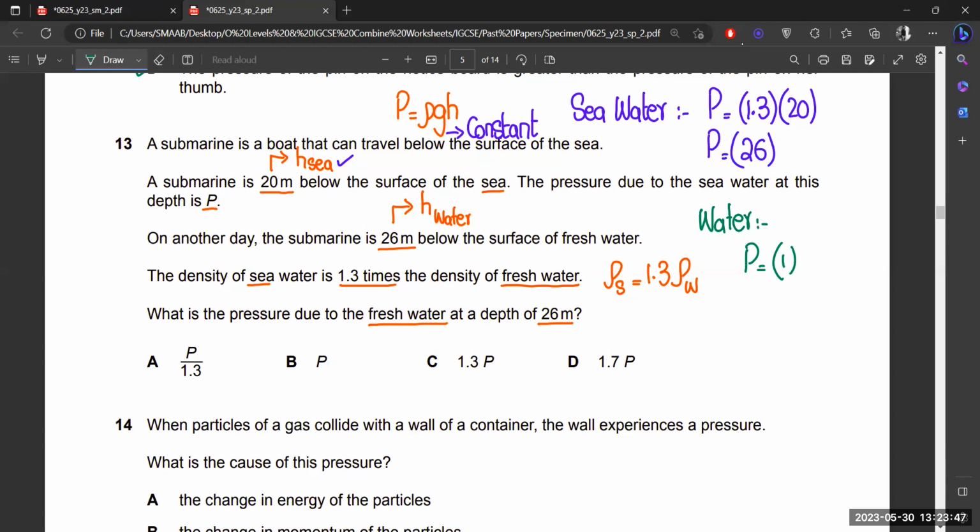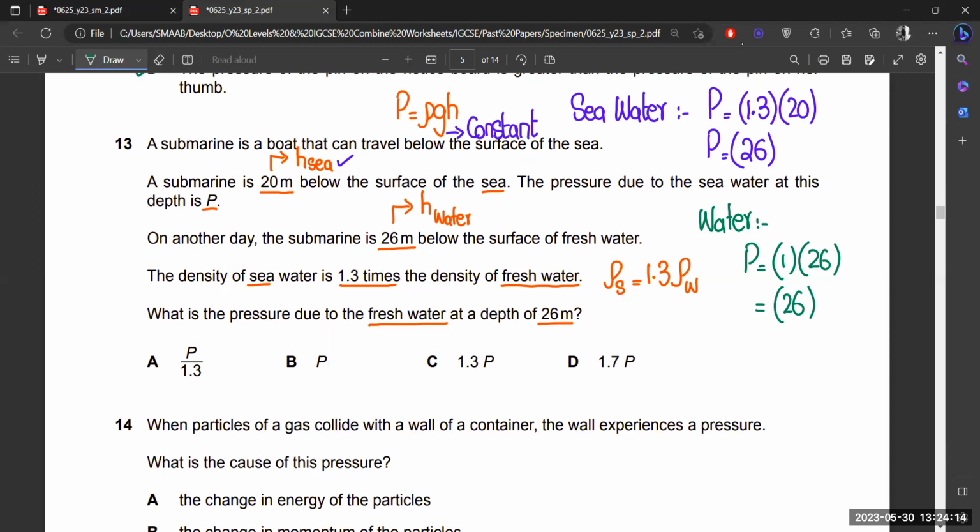Let's suppose if the density of fresh water is 1 and the density of seawater is 1.3 times the density of fresh water, and the height is basically 26. So we are getting same values, because if we increase the depth for fresh water, we know that density is less in fresh water, but we are increasing the depth.